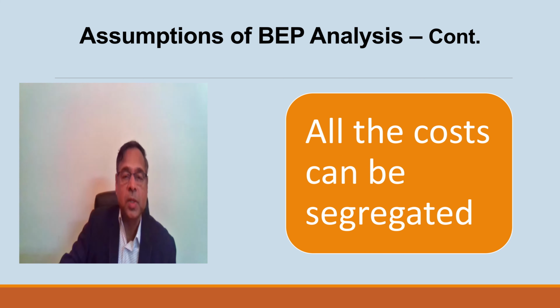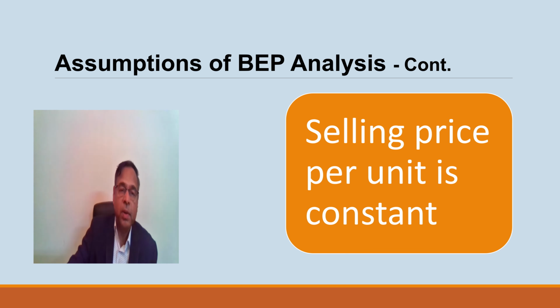Another important assumption of break-even point analysis is that all the expenses and cost can be categorically segregated into variable and fixed cost. The reality of the presence of semi-variable cost is ignored in BEP analysis. The break-even point analysis is assuming that the selling price per unit is constant at all levels of sales.